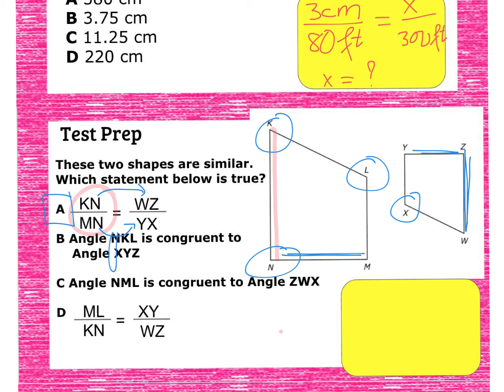Because NK will have to go with ZW, not XY. So when they say XY, you can't use it. Okay, and you can check that, but we already found the answer, so we can move on.